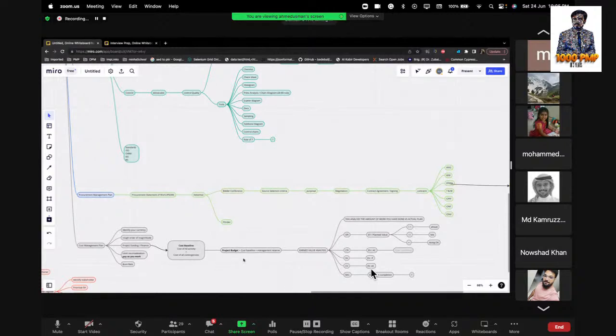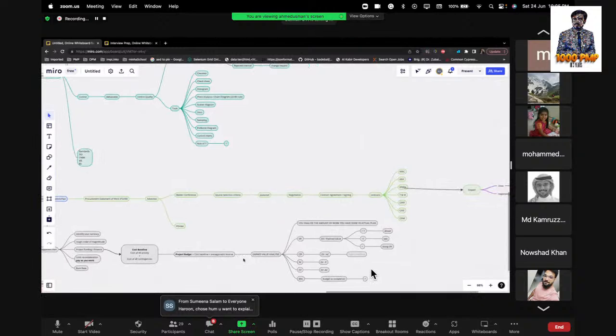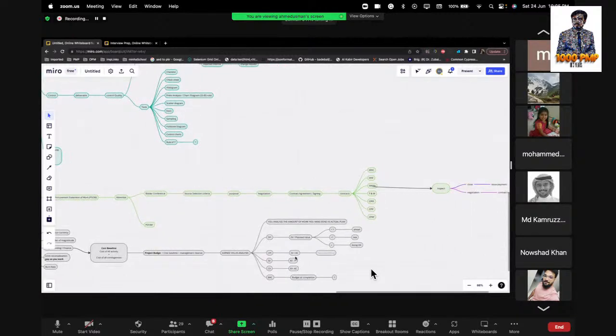Further down the line, another explanation we need to formalize is the project budget. The project budget is simply the cost baseline we calculated before plus the management reserve. So this is how it keeps piling up, and the total is the project budget. Also, we are doing some earned value analysis.